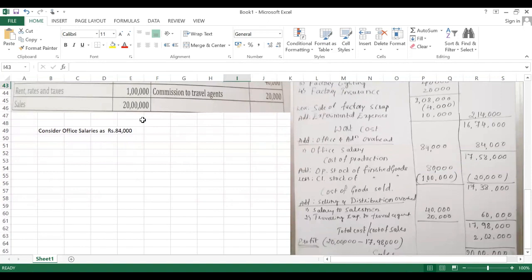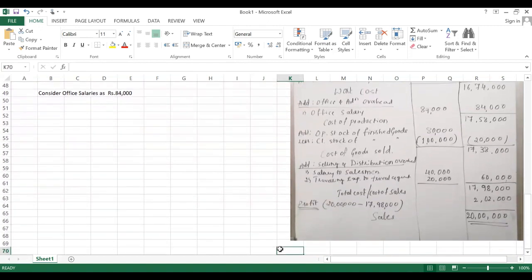See, here they haven't mentioned the percentage of profit. They have mentioned 20 lakhs is sales. So we know, right? When we have sales, if we deduct cost from the sales, what you will get? You will get the profit. So we have done the same thing here. This is the sales amount, and this is the total cost or cost of sales. Once we deduct this amount, you will get the profit, which is 2,02,000.